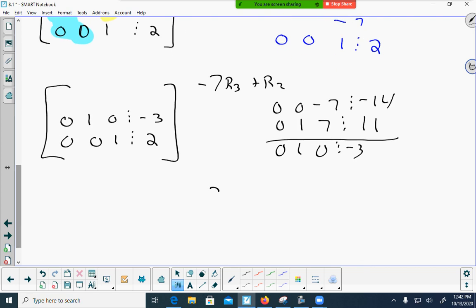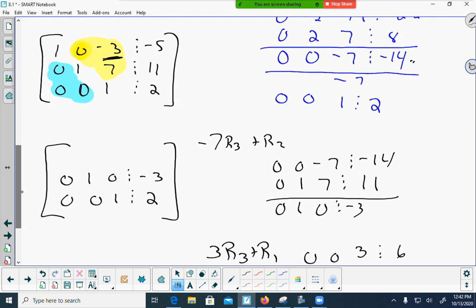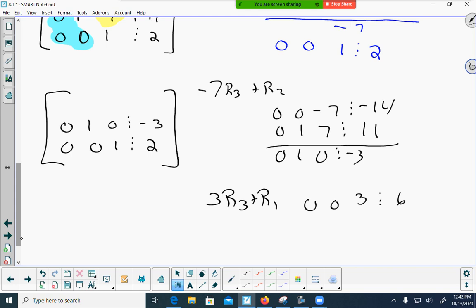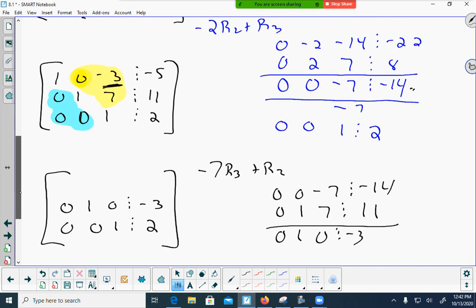So I'm going to take 3 times row 3 and add it to row 1. So 0, 0, 3. Whoopsie, that's a funky 3. And then row 1: 1, 0, -3, 5.